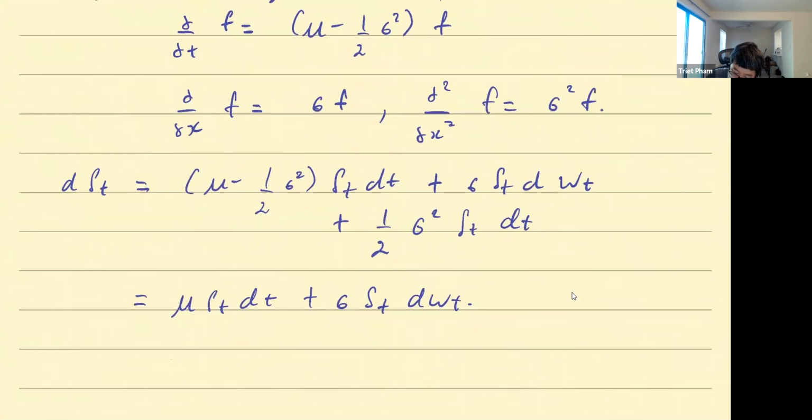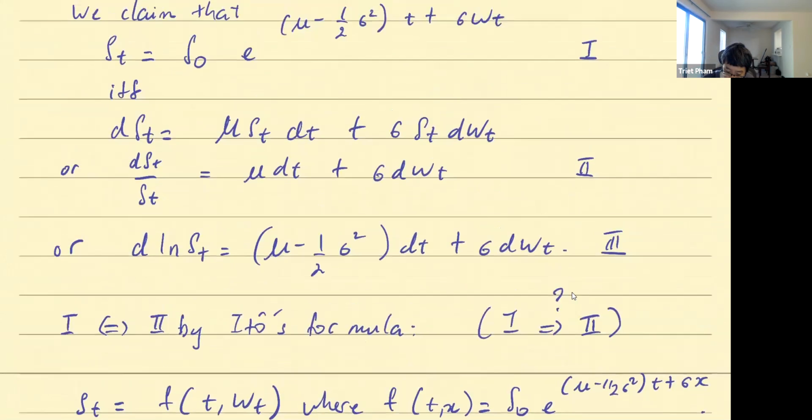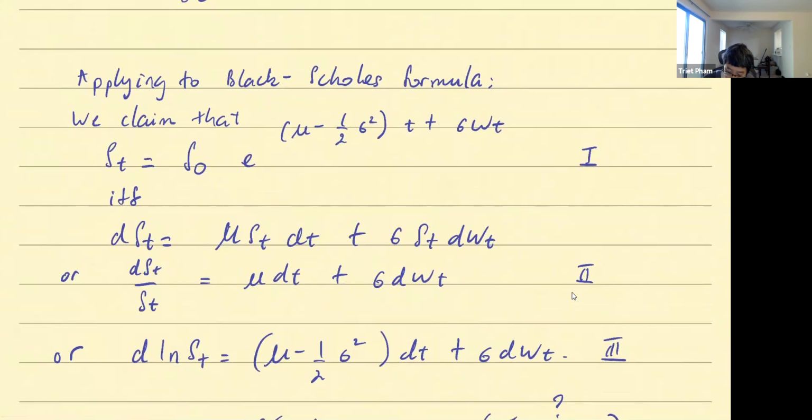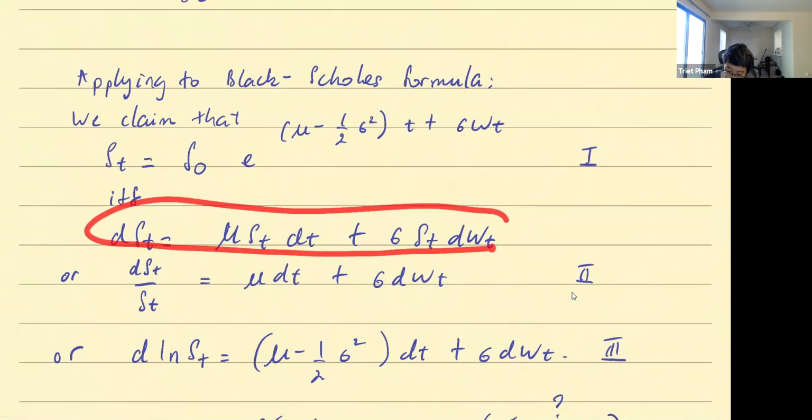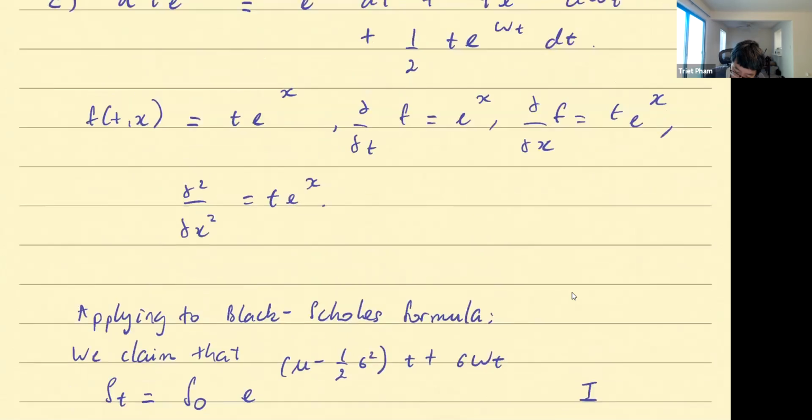It's not clear how to go back, meaning if we start from here, it's not clear how we can integrate up and get this expression. So in other words, if we're given this, it's not clear how we're going back.